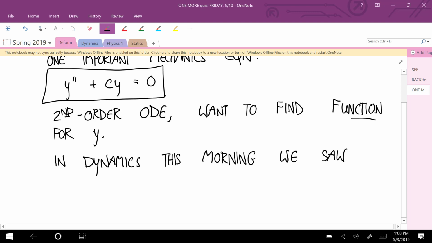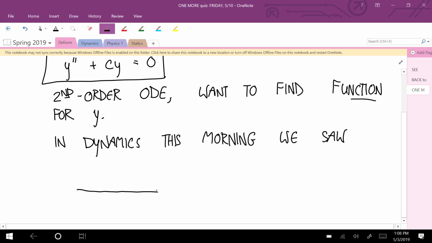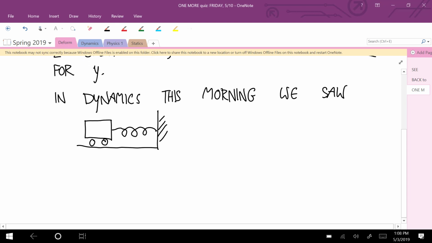We saw that if you have a mass spring system, that gives you the equation x second time derivative plus k over m times x is equal to 0, where the mass is m and the spring constant is k.